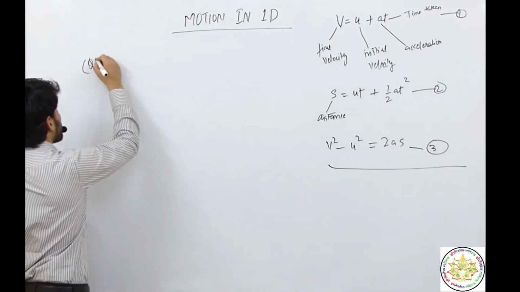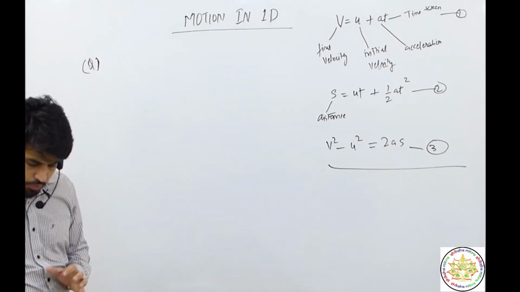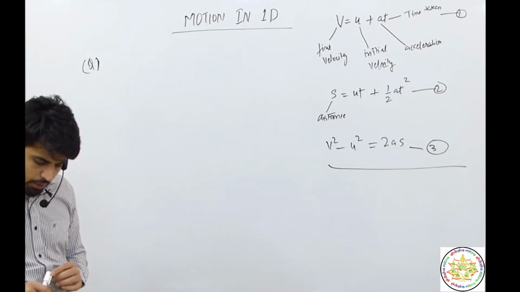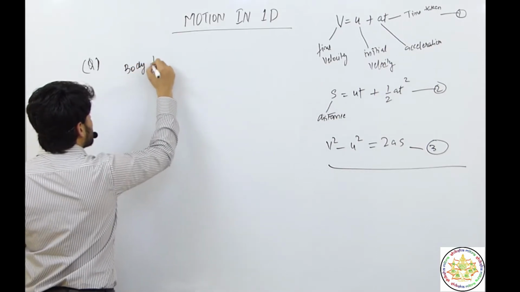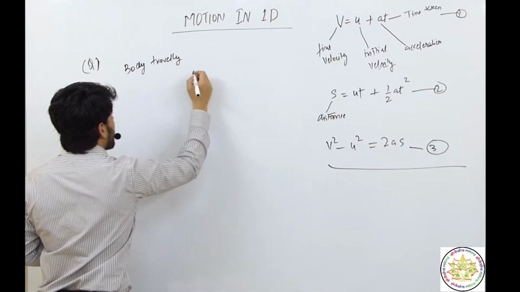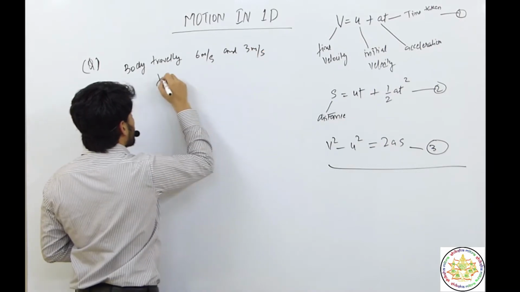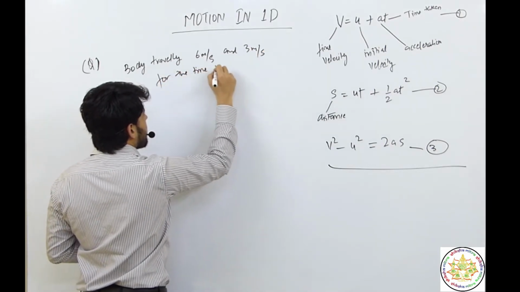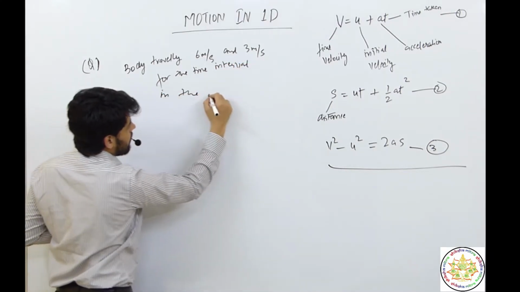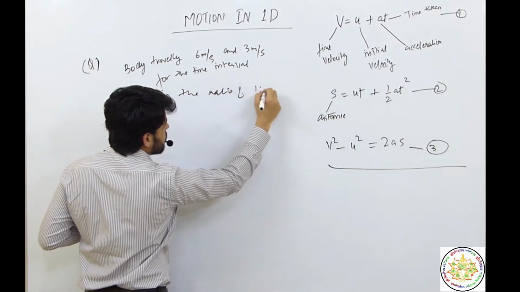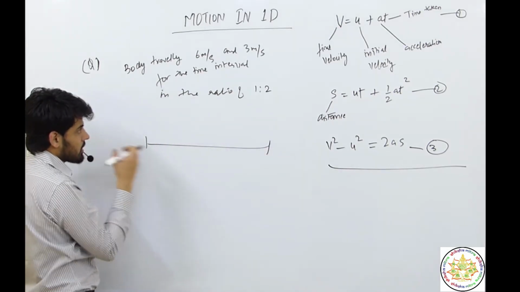One more question is there, based on average velocity and average speed. A body travels with 6 meter per second and 3 meter per second for time intervals in the ratio of 1:2. Very simple question. Suppose this is the travel; 1:2 time ratio means the time taken.